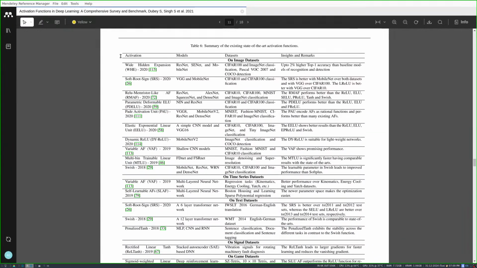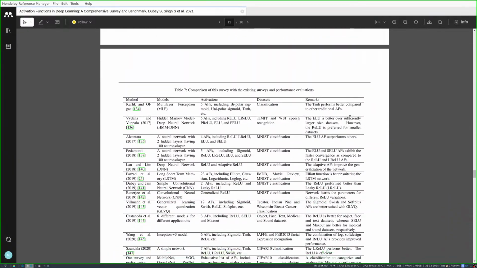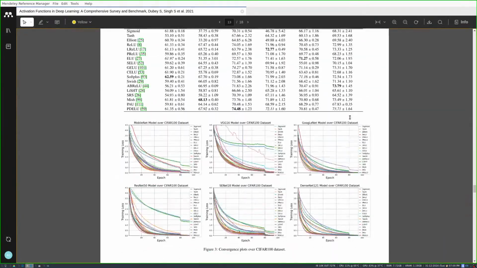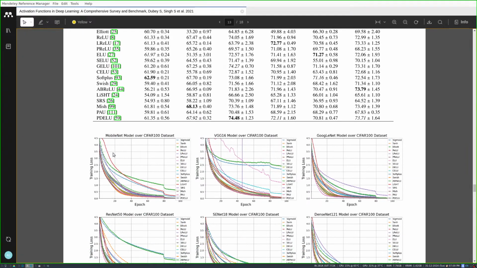Ooh, activation, model, dataset, insights. MobileNet model, CIFAR dataset. So which is the best actually? MobileNet model. What?